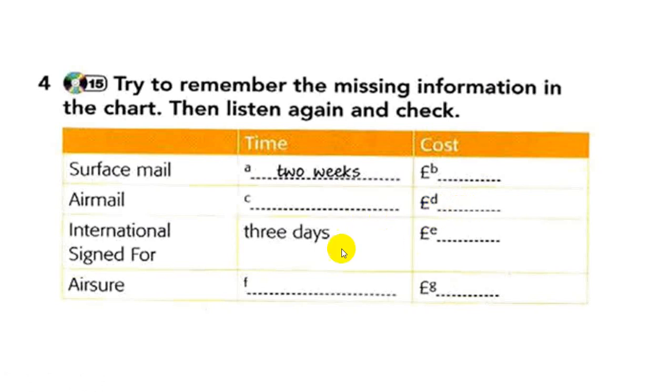Is it safe? I mean, this is quite important. Well, if you want a signature when it's delivered, you can send it international signed for. That's an extra £3.50. So that'll be £9.39. I see. Or for an extra £4.20, you can send it airsure. That means priority handling and online tracking for the whole journey. It's the most secure way to send it, and faster too. It takes 2 days.